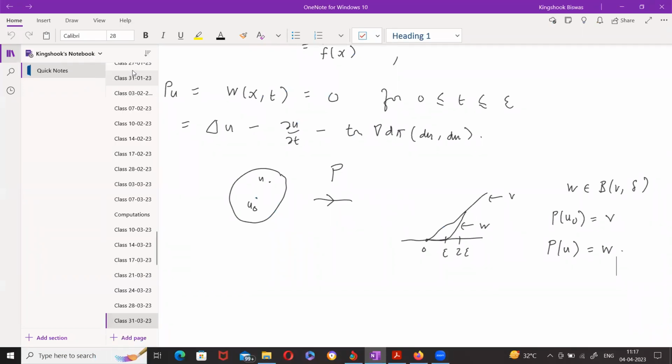All right. So last time we talked about the short-term existence of solutions to the harmonic maps heat flow.